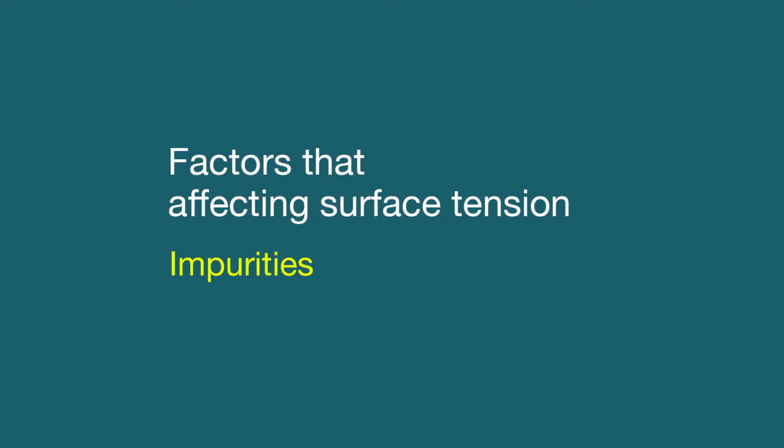The second factor affecting surface tension is impurities. The presence of impurities affects the surface tension depending on the solubility of impurities. If the impurities are soluble, then the surface tension may increase or decrease. The surface tension of a liquid will decrease when the impurities are less soluble.